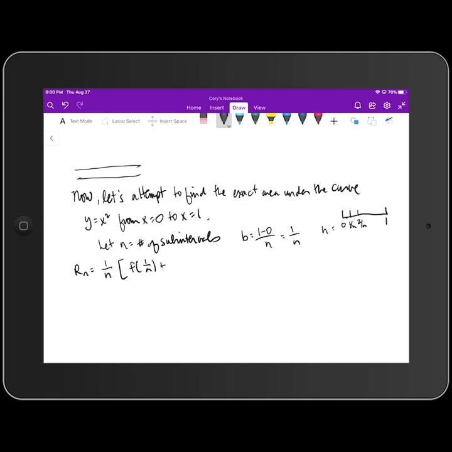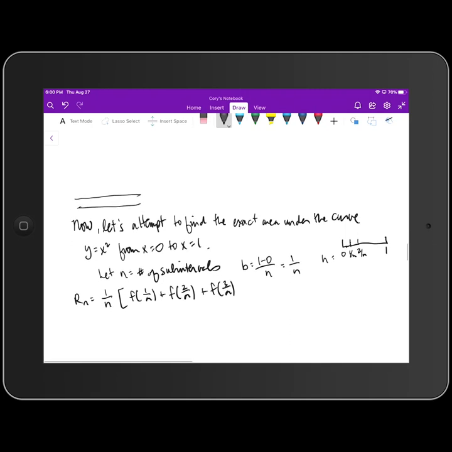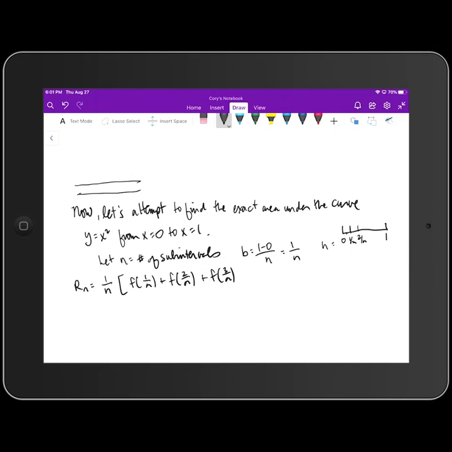On the next interval from 1 over n to 2 over n, we're going to be taking our height from the function value at 2 over n. Next one's going to be taken from the function value at 3 over n. And we keep going until we get to our last rightmost endpoint, which is 1, but I'm going to go ahead and rewrite that as n over n, which is equivalent to 1.